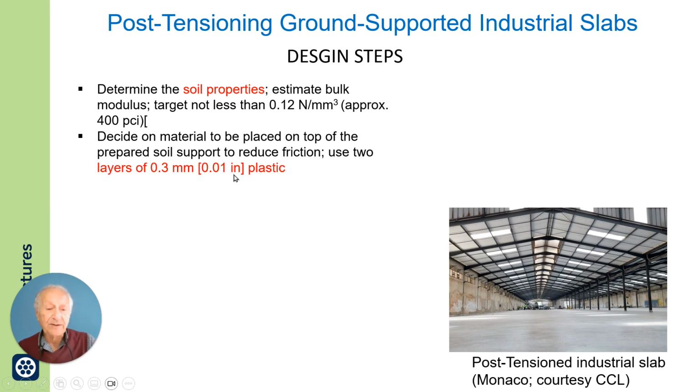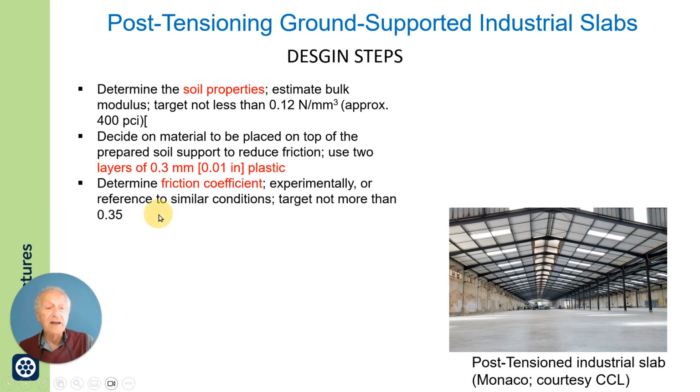And in some instances, I've come across that the contractor puts or sprays a lubricant between the 2 layers so that the 2 layers can slide over one another more readily. You target a friction coefficient between the slab and the soil of the order of 0.35.